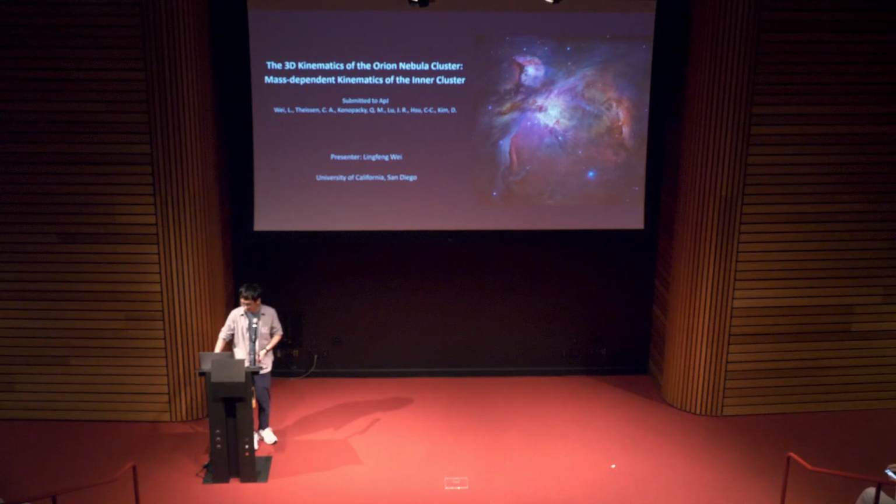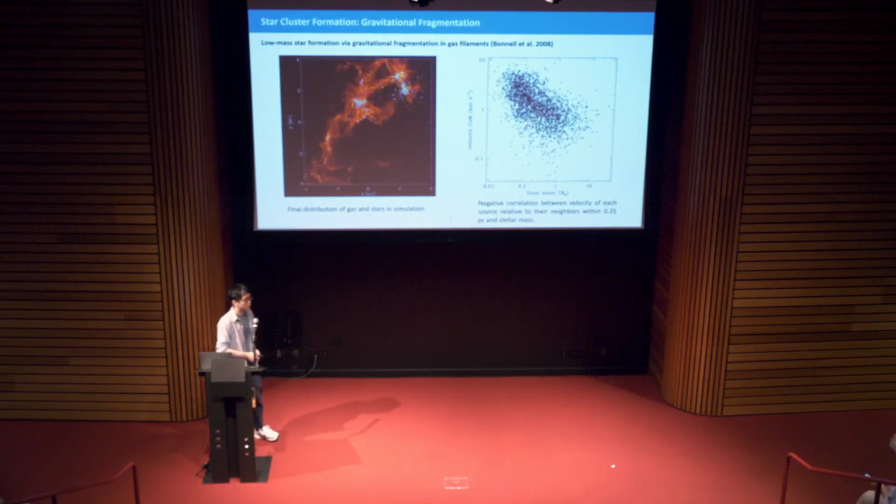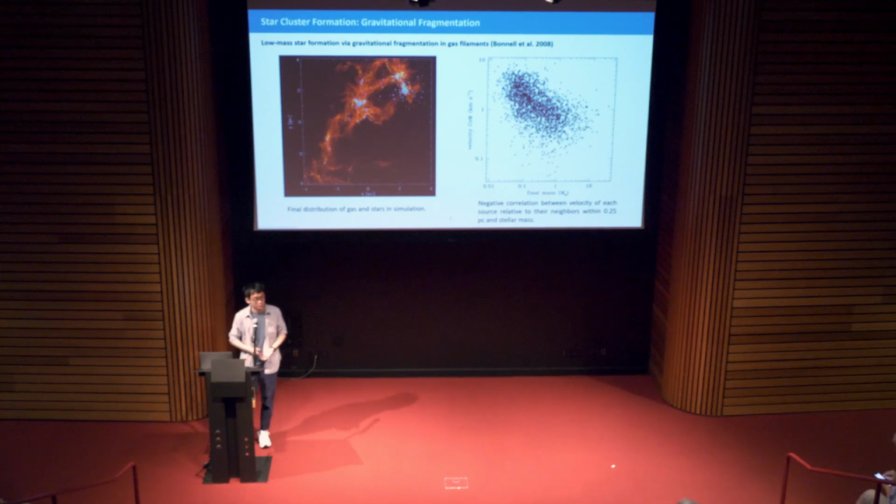There are multiple star formation theories explained in the literature, and here's one example by Bonnell et al. 2008, which mainly involves gravitational fragmentation. The fragmentation involves different types, including turbulent fragmentation and disk fragmentation, which were proposed in previous works.